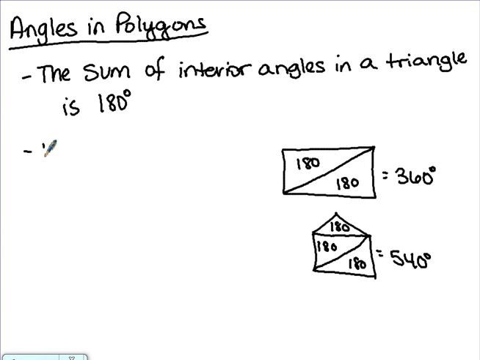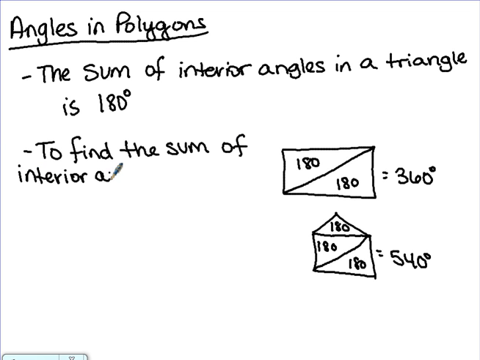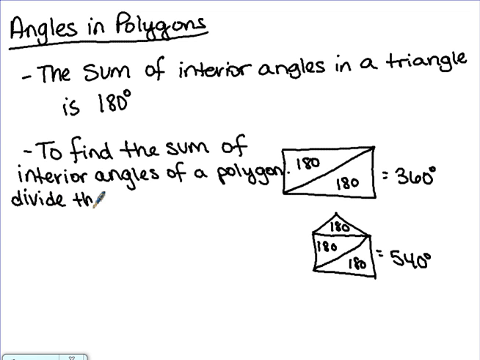So to find the sum of interior angles of a polygon, divide the polygon into triangles and multiply the number of triangles by 180 degrees.